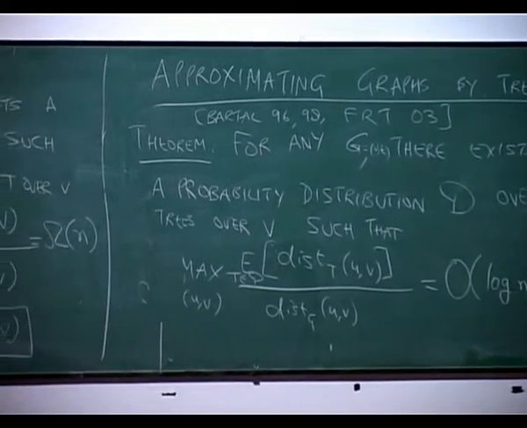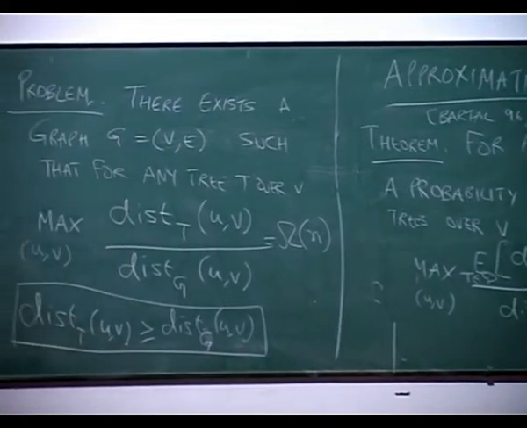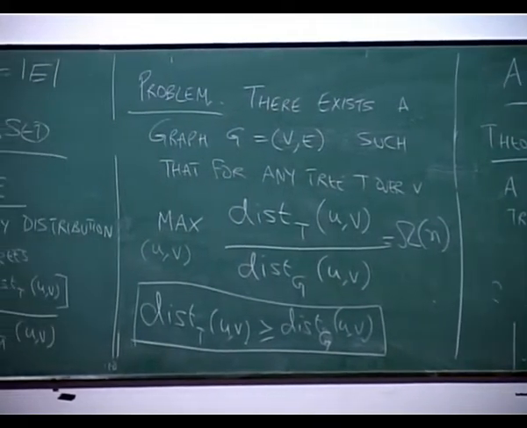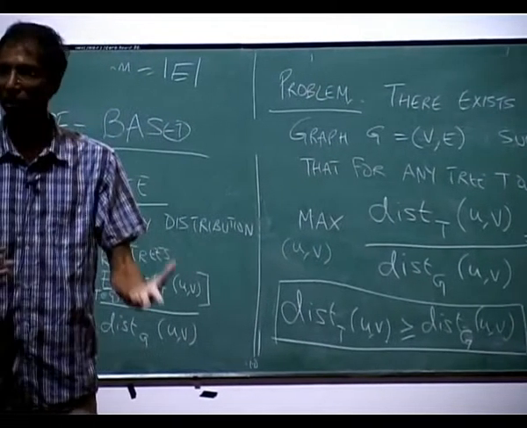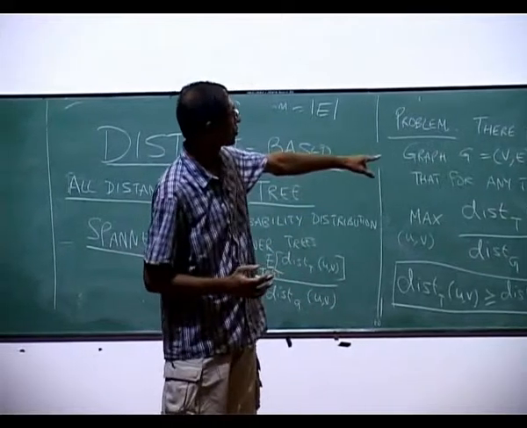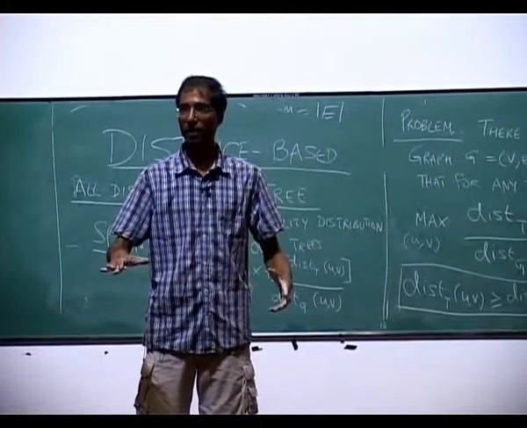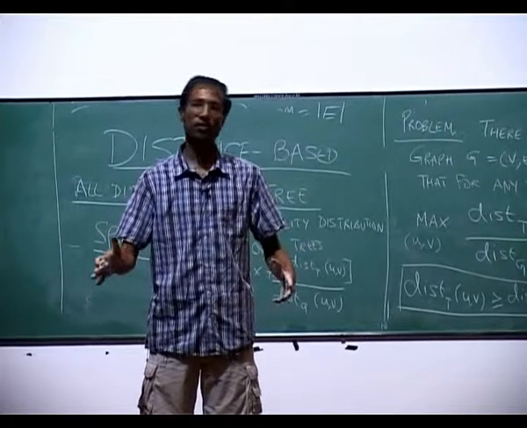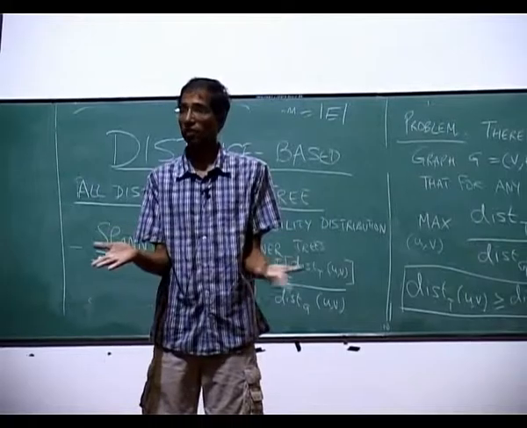The value of a result like this is really for many problems. I can give you a rough sense of what these problems look like. Instead of solving it on a general graph, you say, I'm going to just solve it on a tree, and I'm going to take that solution and send it over to the general graph. But which tree will I solve it on? I don't know, right?